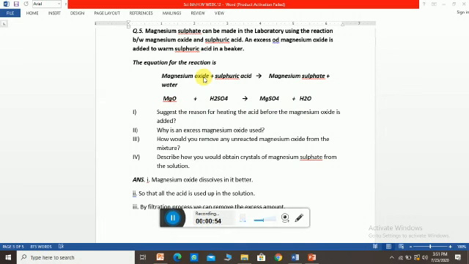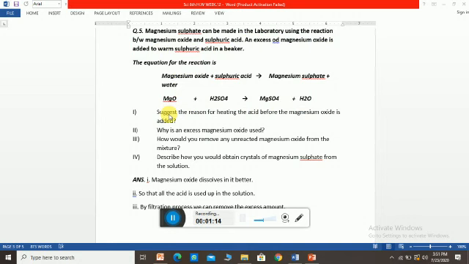So an excess of magnesium oxide is added to warm sulfuric acid in the beaker. We add the excess amount of magnesium oxide to the warm sulfuric acid.